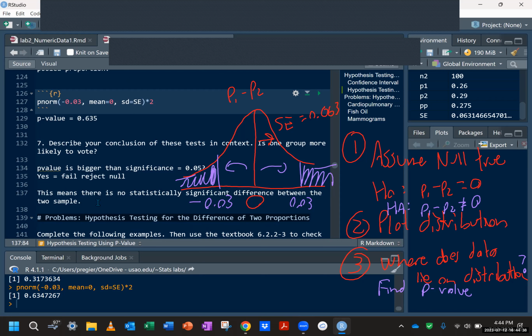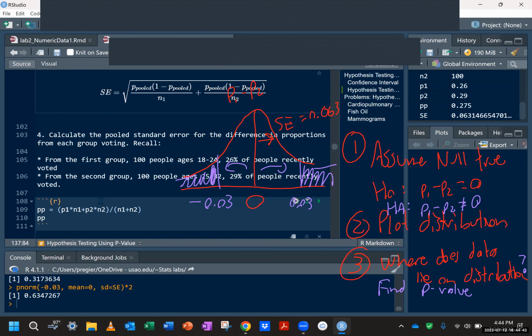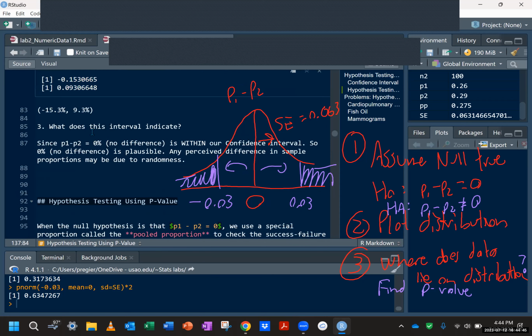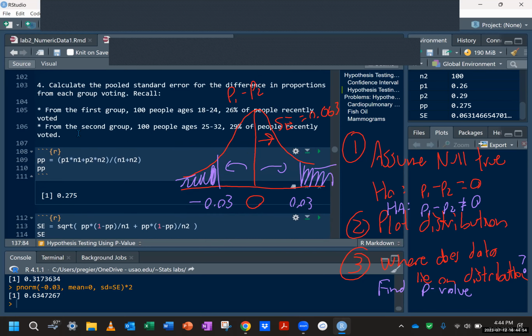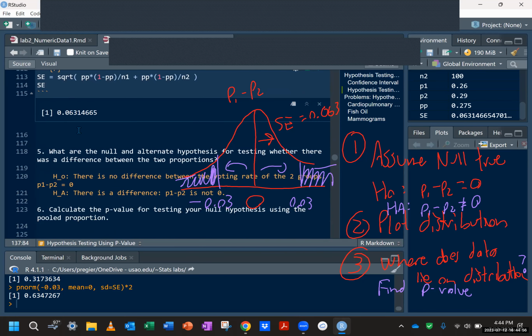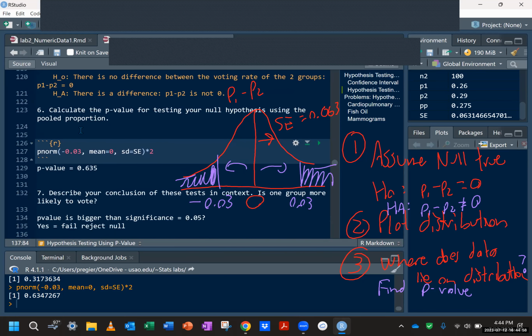That's a result. And it matches what we found earlier. Remember we found from our interval, there was no perceived difference. Anything that's perceived to be different is due to chance. So we get the same result, depending on whether we use a confidence interval or a null hypothesis.